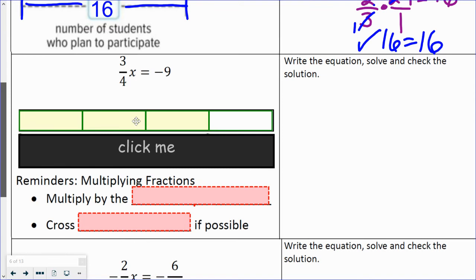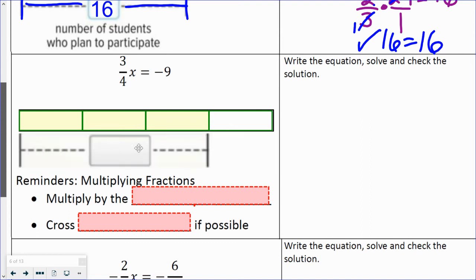So we took something, split it into fours, and we only want to know what 3 of them are. Okay, but we know that represents an actual -9. But we don't know what all of this is. This is our x.